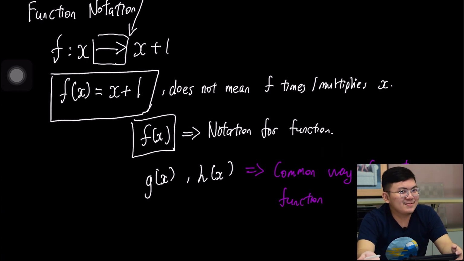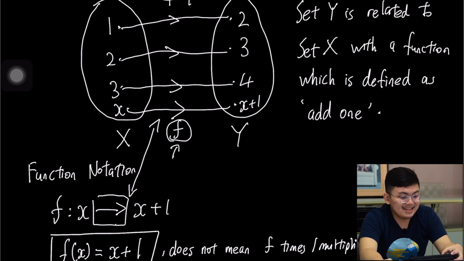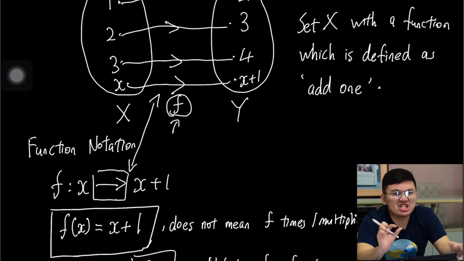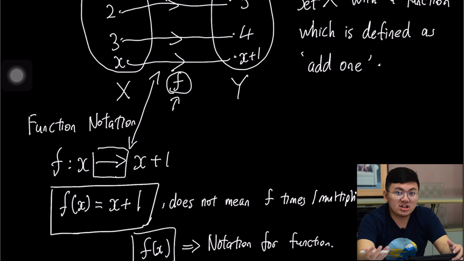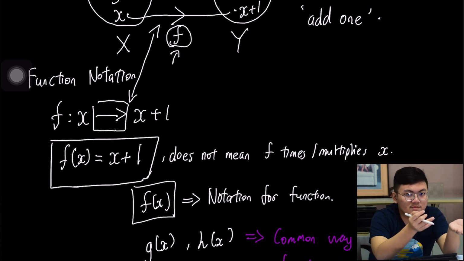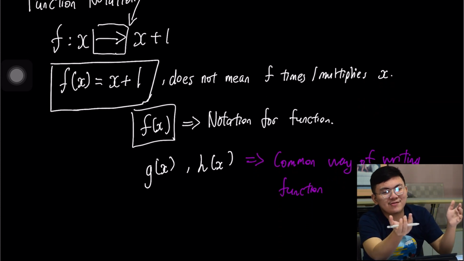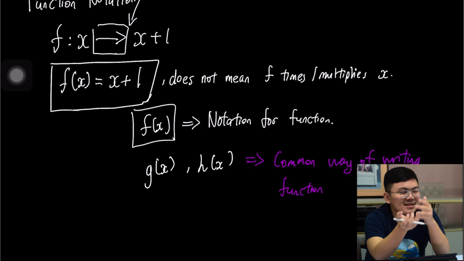So x can be any number: 2, 3, 4, 5, 6, 7, 8, 9, 10, infinity numbers. f(x) is like a general formula for this function, the general formula for the factory to work out, right? Like a robot, you need to give it some order, some way to let it function properly, right?